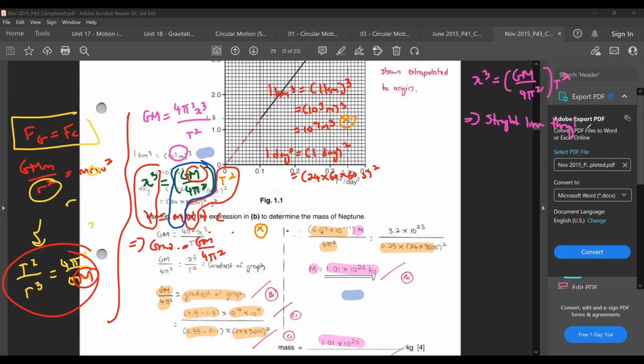line through origin, right? Now, if it's a straight line through origin, if you see that your equation gives you a straight line through origin, single point substitution to find the answer is acceptable.